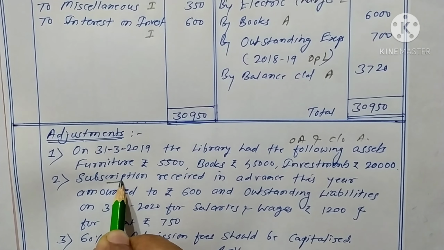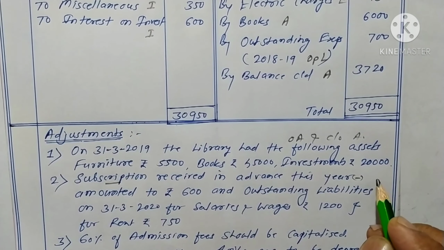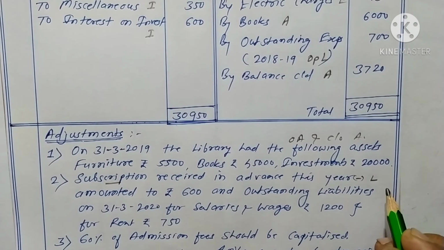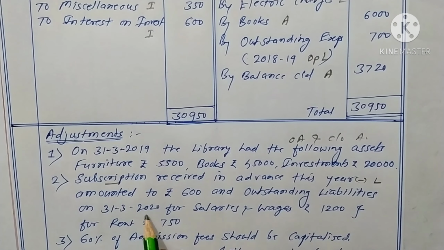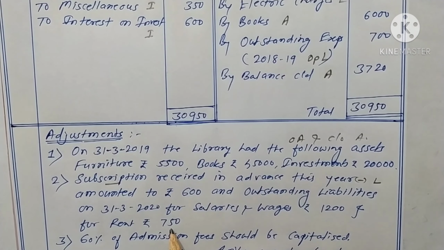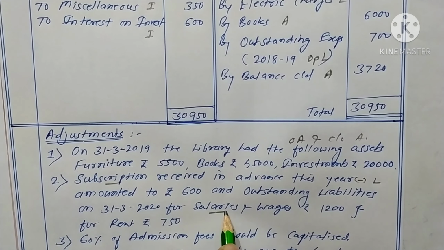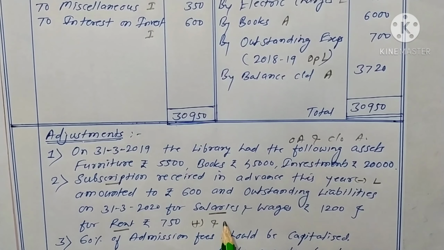It is to be subtracted from subscriptions and second paid on liability side. Whereas outstanding liabilities on 31st March 20 for salary and wages rupees 1200 and rent rupees 750. It is to be added in salary, added in rent and second paid on liability side.